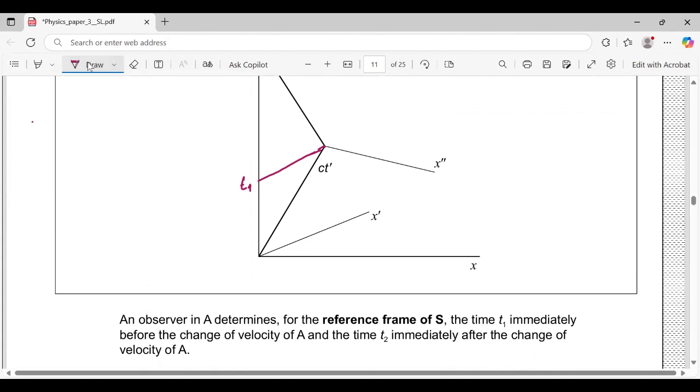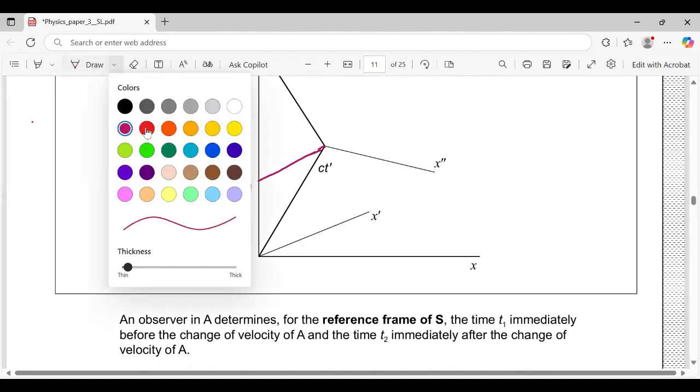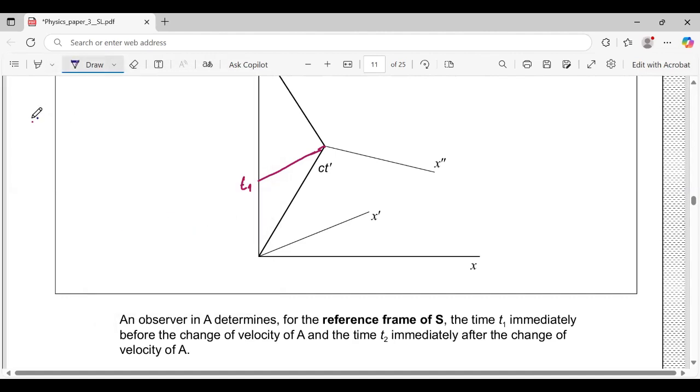While T2, wait, the T2 line is parallel with, or continues with, X double accent. Okay, it's T1, sorry. This is T2. So this is the delta T, the difference, delta T.